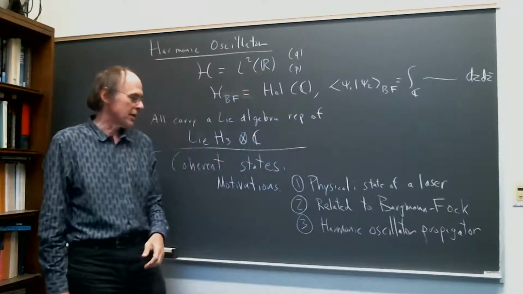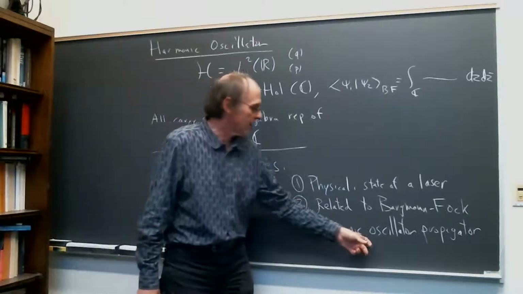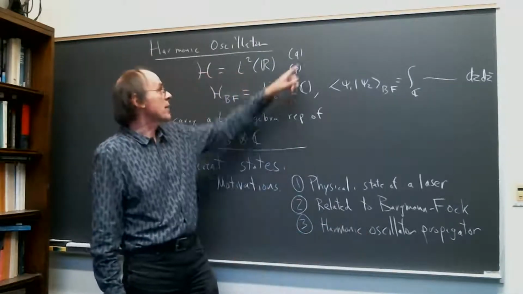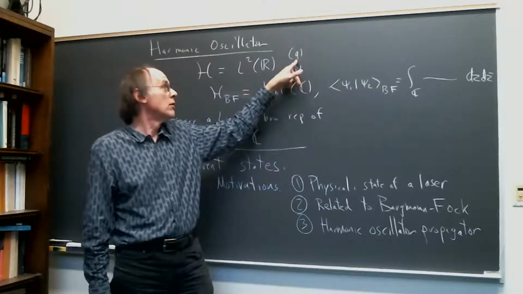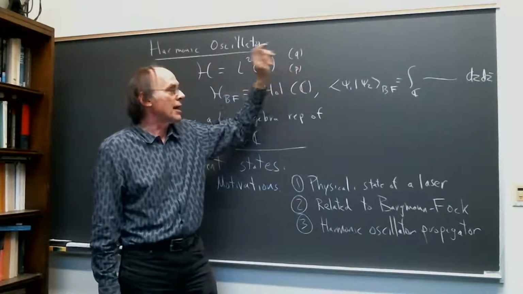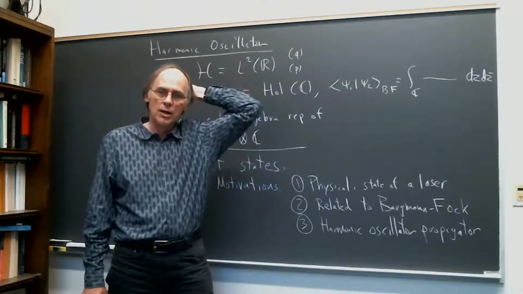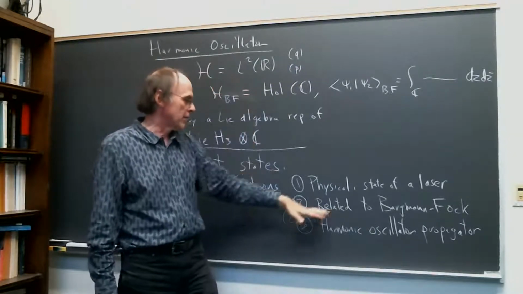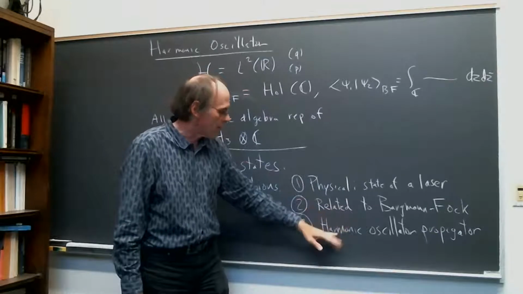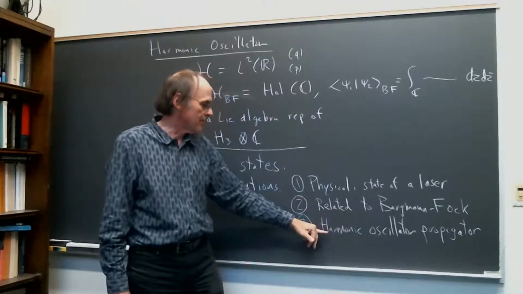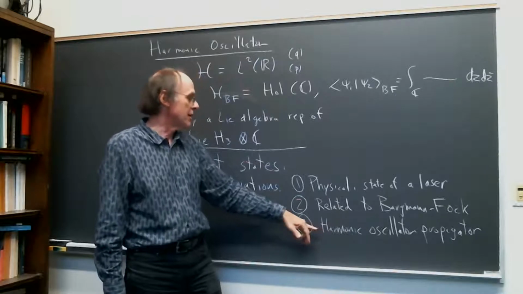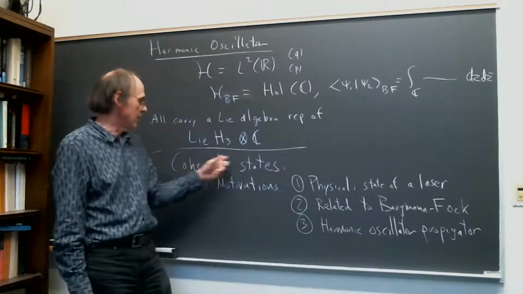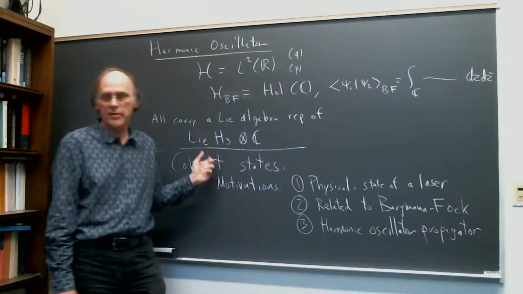To do that calculation expressed in terms of functions of Q or even of P, it doesn't matter, the answer is actually very complicated, and I'll explain why. But in some sense, the answer to this question is much easier if you write it in terms of coherent states.